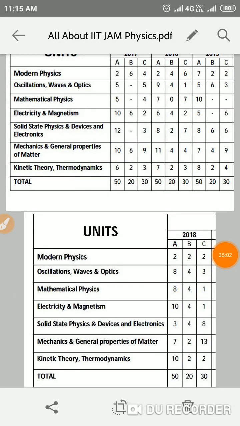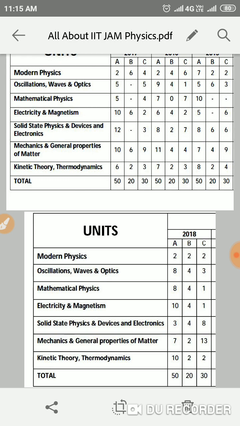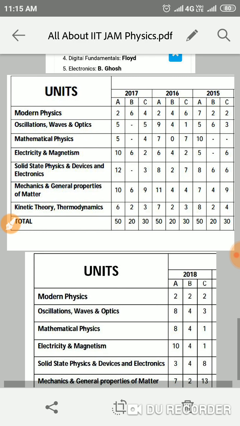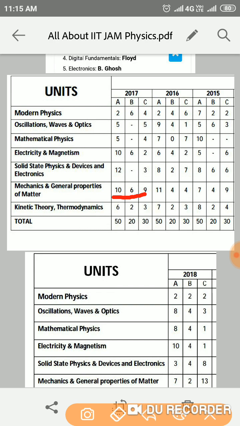Now at last, let's discuss the weightage of different units. As I have already told, mechanics is the most important part, and you can see it yourself. In 2018, a total of 22 marks of questions were asked from mechanics, and in 2017, 25 marks of questions were asked from mechanics.